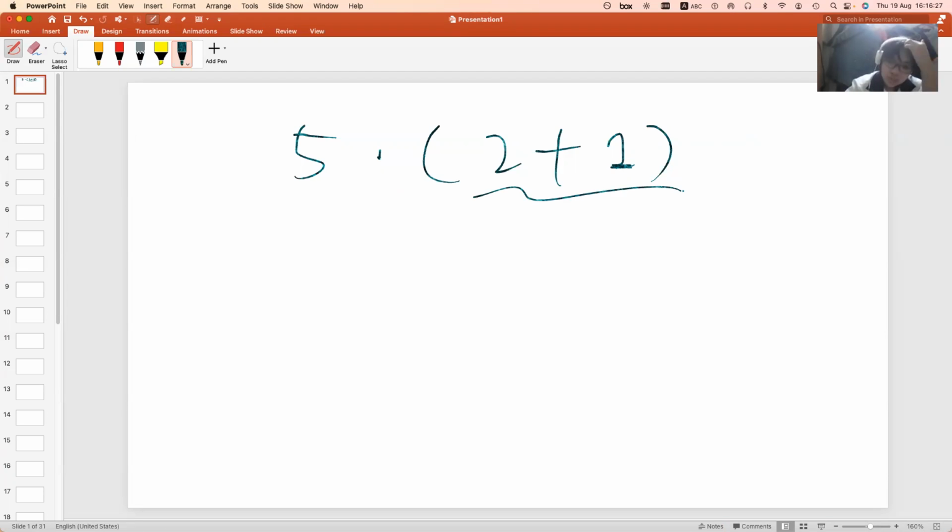Yes. So what do you get? 3. Yes. You don't go and open the bracket if you can figure it out. Because if you can figure it out, you just do it immediately. Because it's so simple if you just do it immediately. 2 plus 1, just get the answer 3. And then 5 times 3 is? 15. Yes.